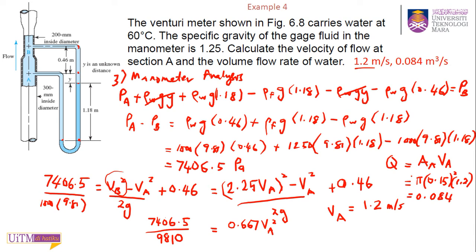Betul tak ni? And they ask you to find volume flow rate because you have the VA, so you need to use AA lah, the area at A. Betul sir. Betul dapat sir. 0.084.